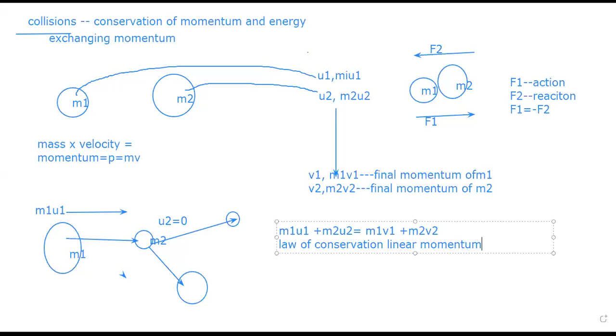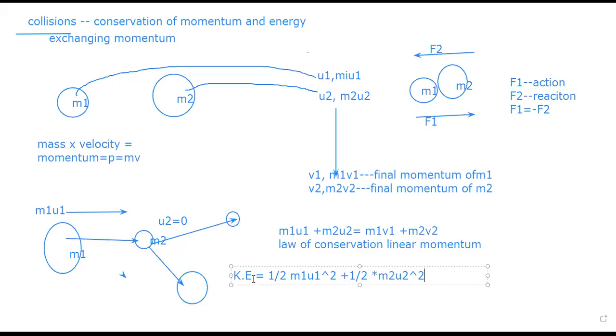Next, we will come to energy. As both are moving, they have kinetic energy. Both will have initial and final kinetic energy. The initial kinetic energy is 1 by 2 m1 u1 square for mass m1 plus 1 by 2 m2 u2 square for mass m2.